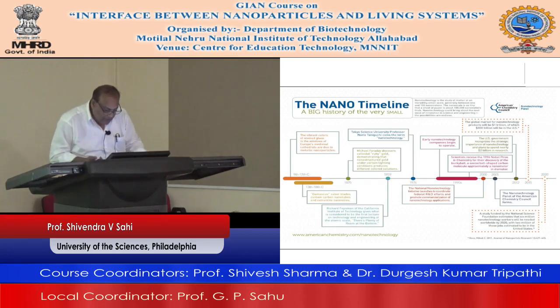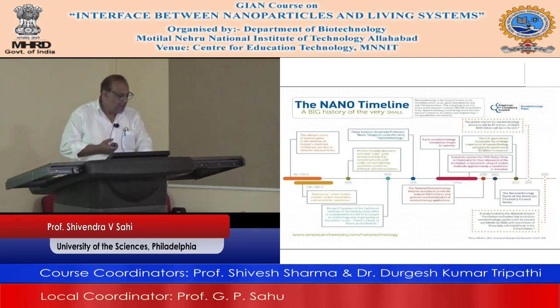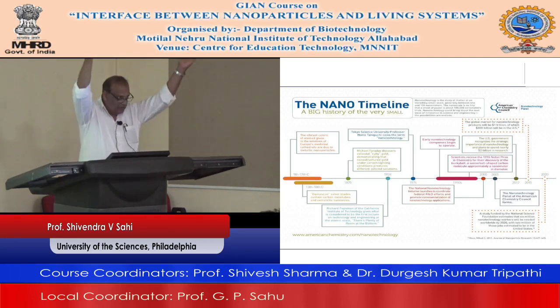If you go further, look at 1974. You're talking about a scientist from Tokyo, a Japanese scientist. In fact, the terminology for nanotechnology came from the Japanese scientist. But Richard Feynman said that we need to start looking from the bottom, going from the bottom to the top.